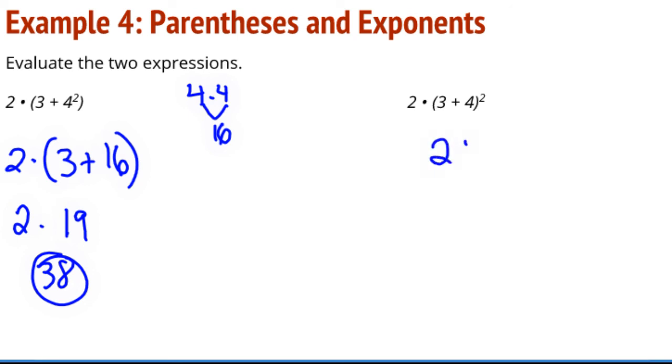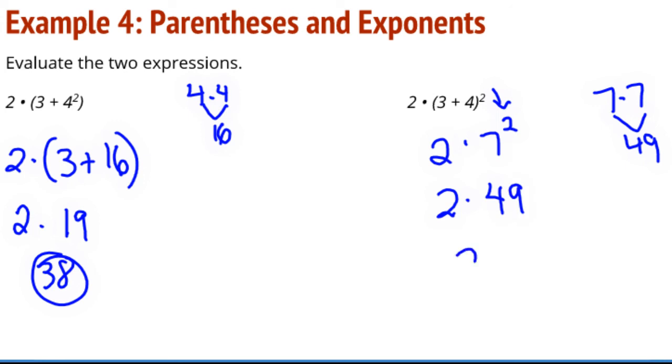So 2 times 7, and the exponent is going to be attached to what I got out of the parentheses. So 2 times and 7 squared is 49. So 2 times 49, which would give me 98.